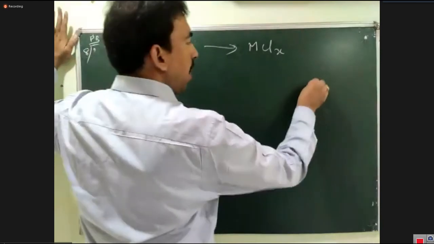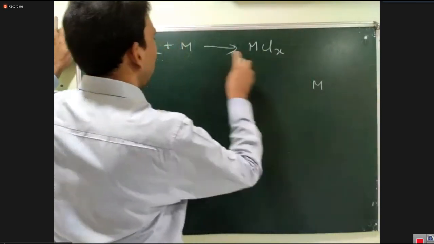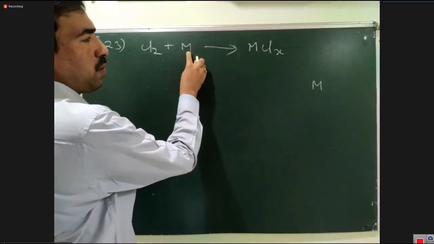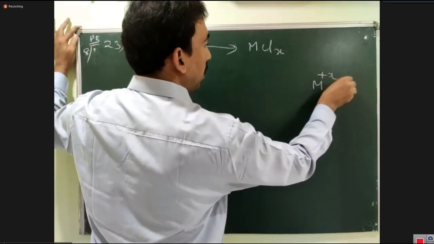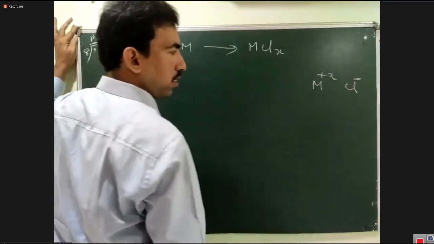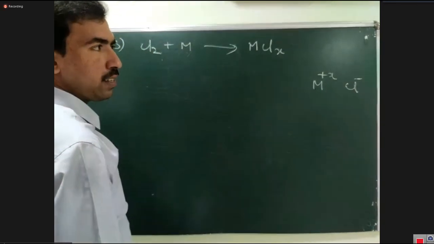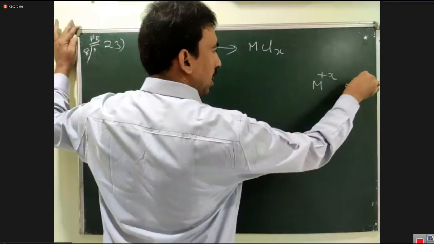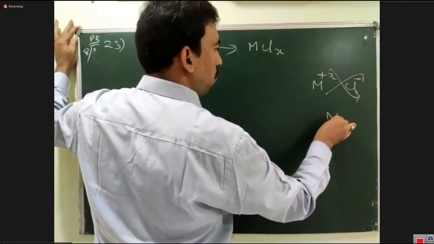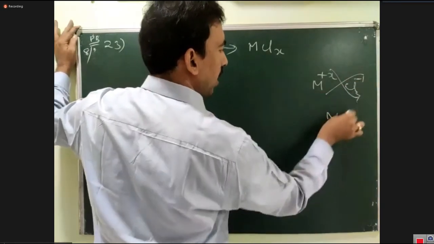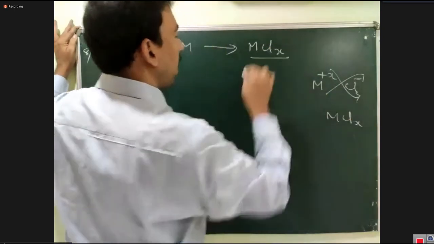Because the valency of M we don't know. What kind of ion it will form we don't know, plus 1 or plus 2 or plus 3. So we can take it as plus X. But Cl will form Cl minus 1. So do the crisscross like this, and you will get the compound formula MClX.